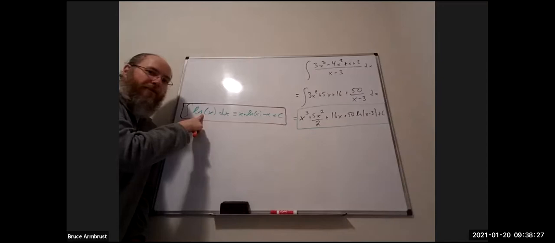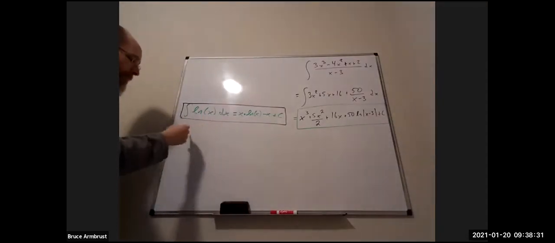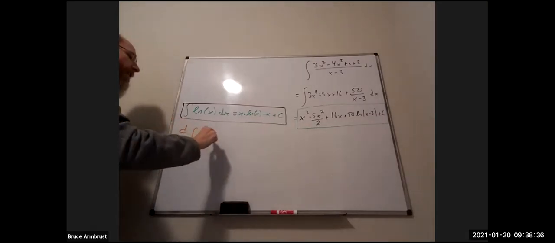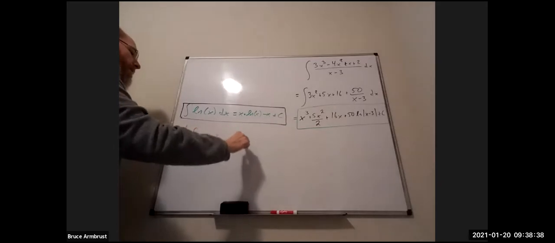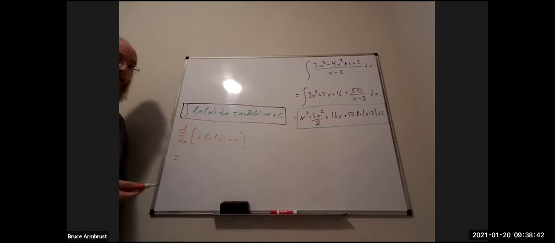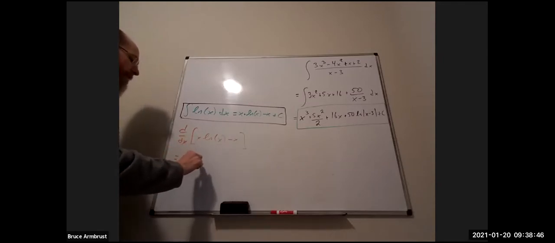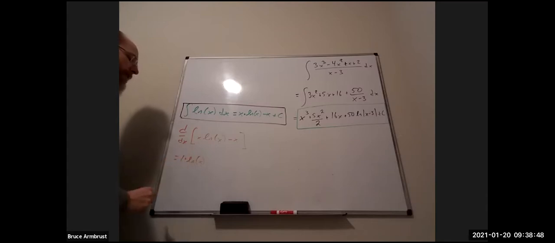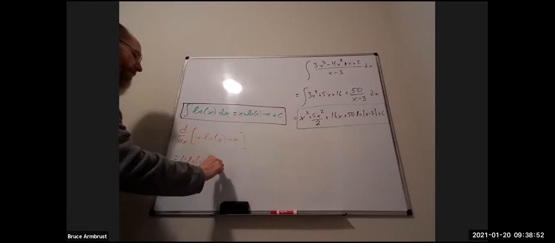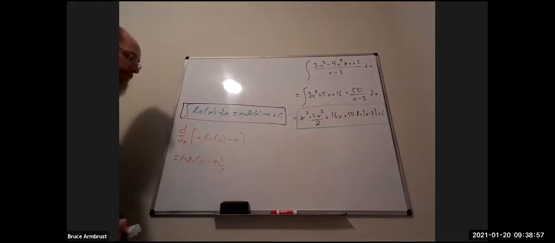Because that's the whole point, right? This is the antiderivative. So let's take a derivative of x log x minus x. For the first part, we need the product rule. We need the derivative of the first one times the second, so we get 1 times natural log, plus the derivative of the second one times the first, so x times 1 over x.